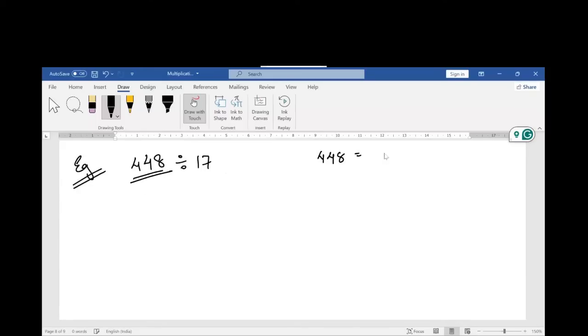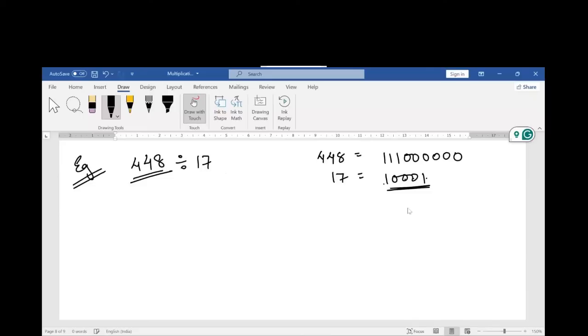It is 1 1 1 0 0 0 0 0 0. This is 448, and 17 is 16 plus 1. So the first step is to write the binary of both the numbers. Now see how many bits are there here: 1 2 3 4 5.